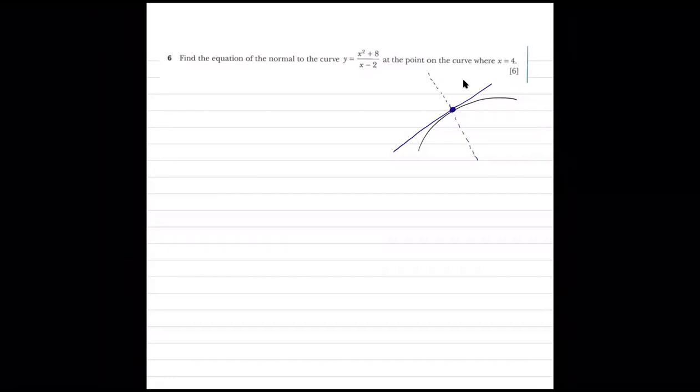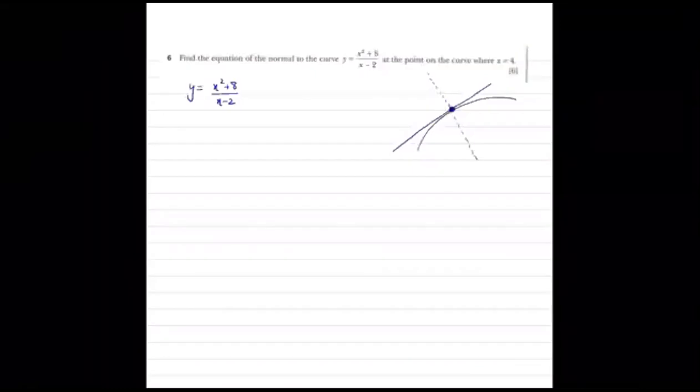So what is the first step that comes to your mind? Taking the gradient. You're going to differentiate. So how am I going to differentiate this? I'm going to apply the quotient rule. Please apply the quotient rule and get me the value of dy by dx.